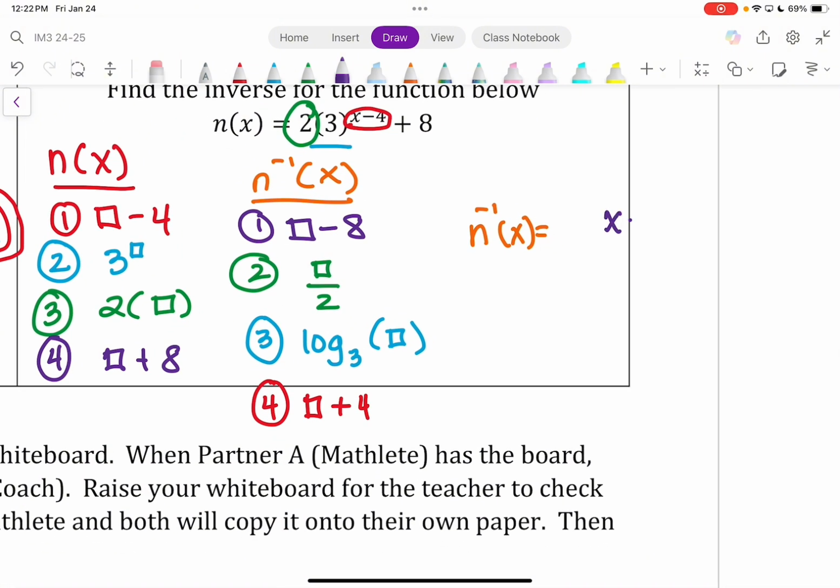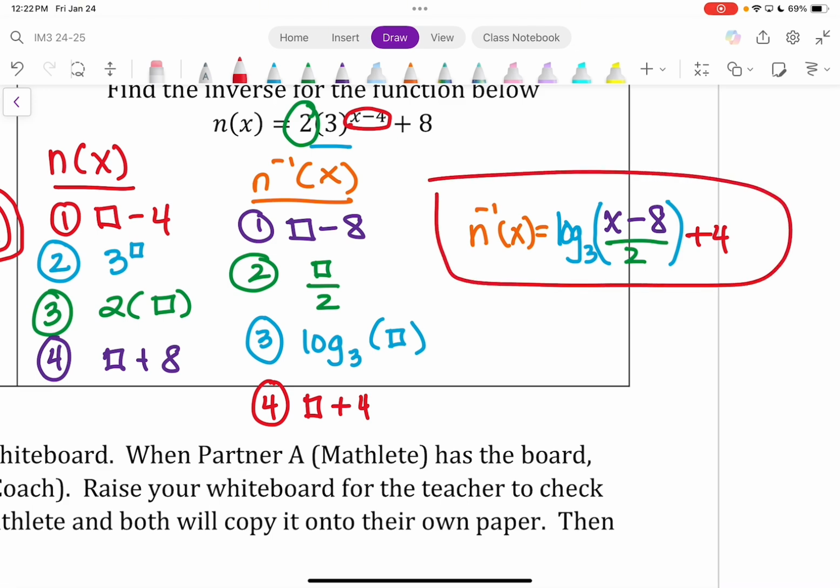We get the following: x minus 8 divided by 2, log base 3 of all of this, plus 4. Okay.